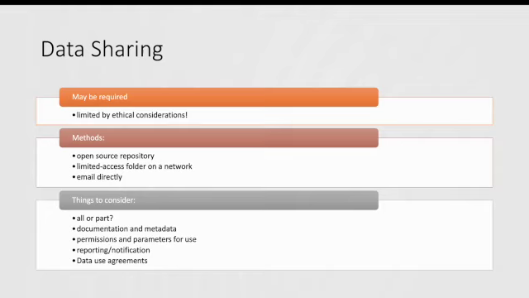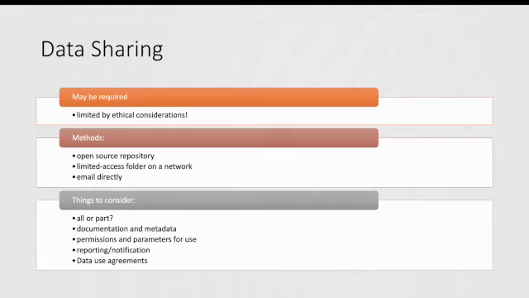I will tell you from people who work with data and open science, they generally consider data available by request, email me for data, to be not shared data, because frequently people will say data available by request and the data will not actually be available. Also, it's a lot of work on you to provide the data to people who want it. So better to use an open source repository or a limited access folder with whatever sharing considerations you have.